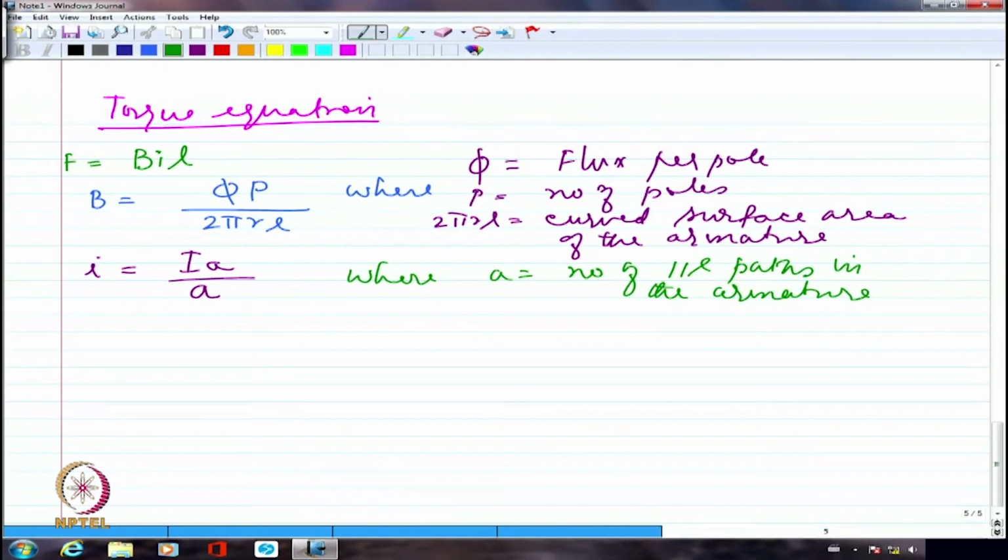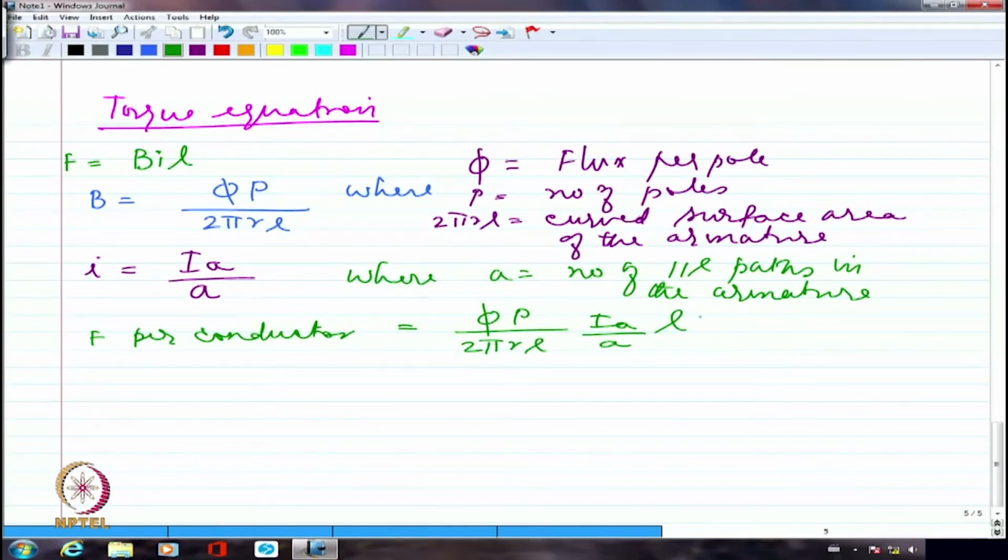So let me write again, F per conductor is going to be equal to phi P divided by 2 pi R, multiplied by IA divided by A, multiplied by L. This is the force per conductor.